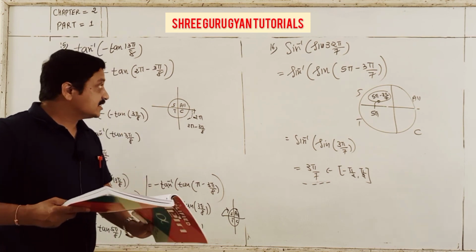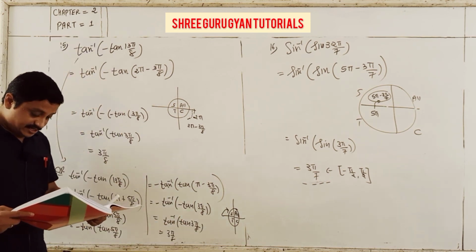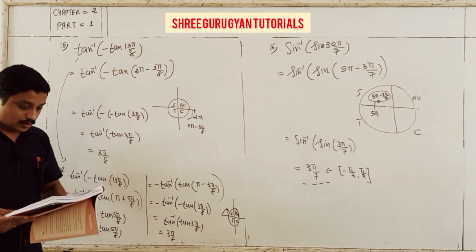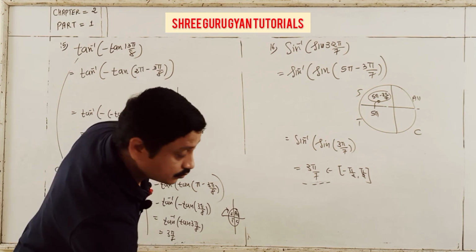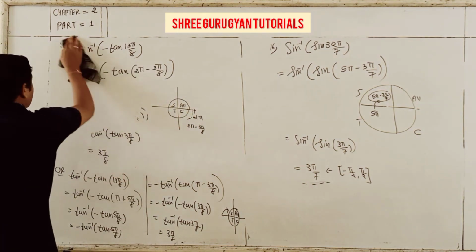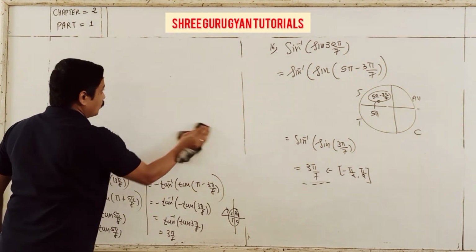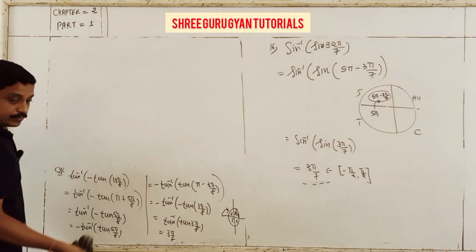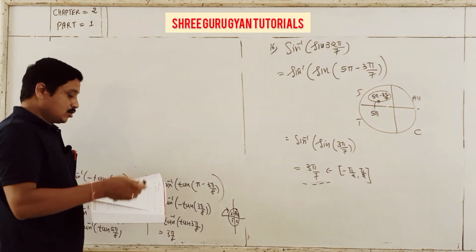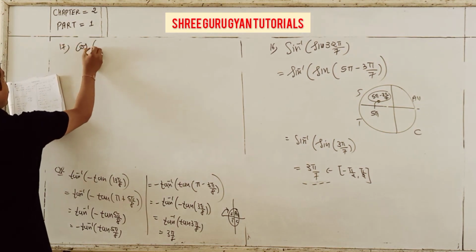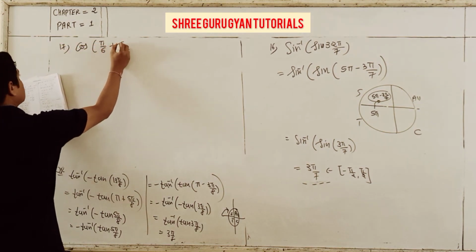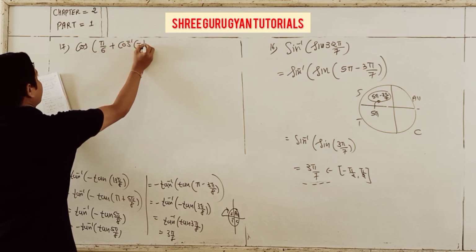Now moving towards the next question 17. Also the same as I was going through. Continue. Cos of pi by 6 plus cos of minus half.